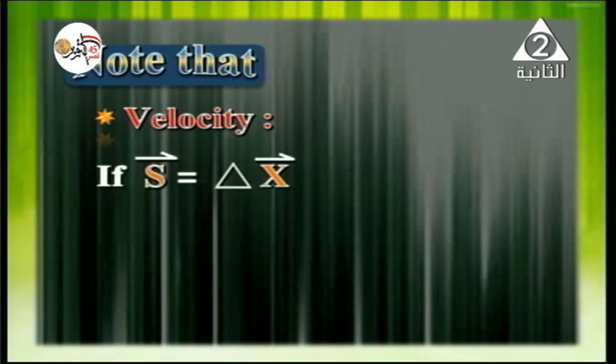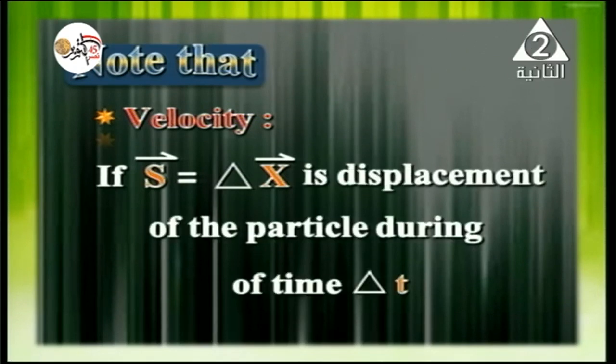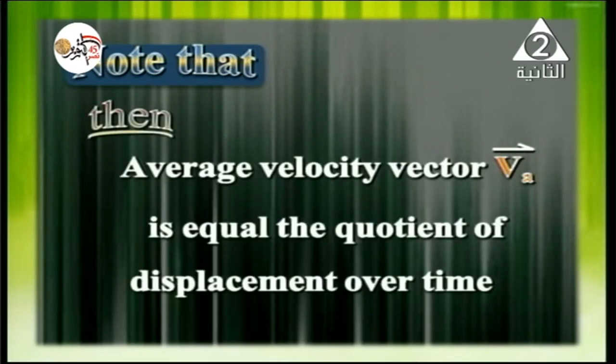Velocity. What is the meaning of the velocity, my dear student? If S vector, the displacement, equals delta x, is the displacement of the particle during the time delta t, then average velocity v a vector is equal to the quotient of displacement over time.